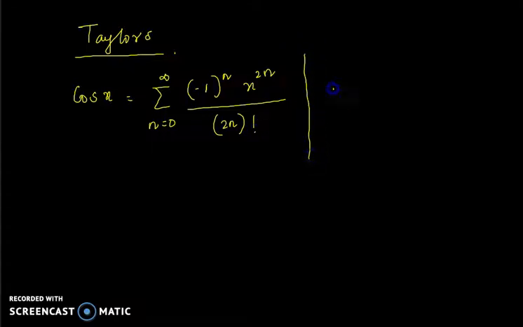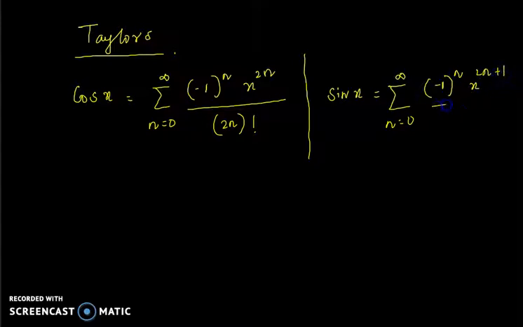Similarly, the sine function can be represented in infinite terms as n equal to 0 to infinity, minus 1 power n, x power 2n plus 1, all divided by 2n plus 1 factorial.